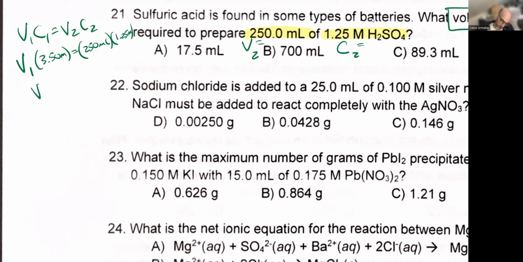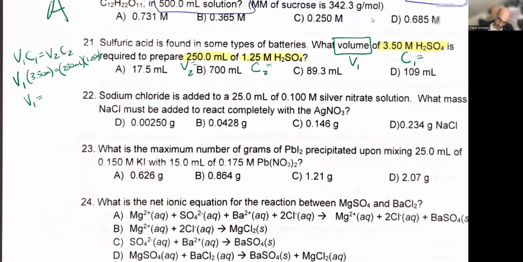So we're just going to solve for volume 1, which is essentially 250 times 1.25 divided by 350. We do the math, and you end up with 89.3. So we end up with C. So C is the answer here. It's just a simple dilution problem.